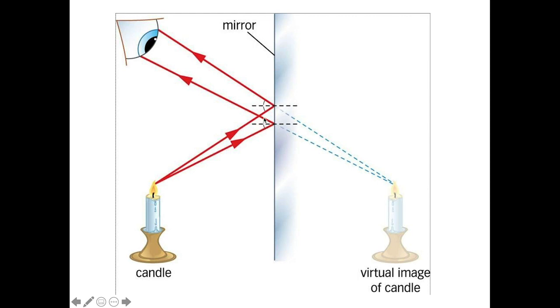It's going to bounce back at a 25-degree angle directly into my eyes. What's my eye going to perceive this as? It's going to perceive this as the candle being directly behind the mirror, so a kind of virtual image existing beyond the mirror. But what's actually happening is that the light is bounced off this way. This is just the way my brain perceives this information.